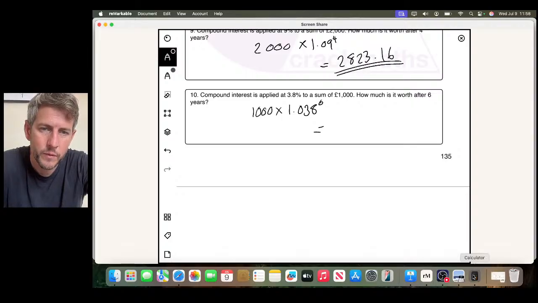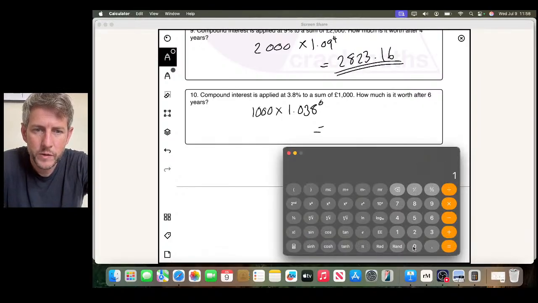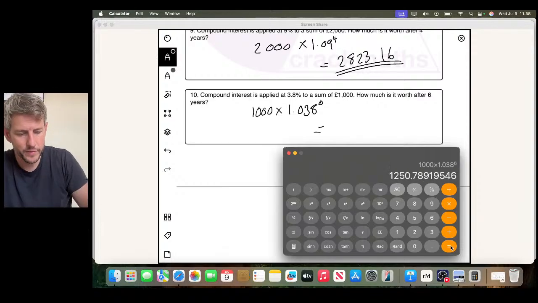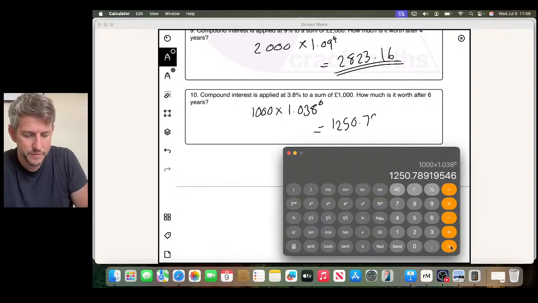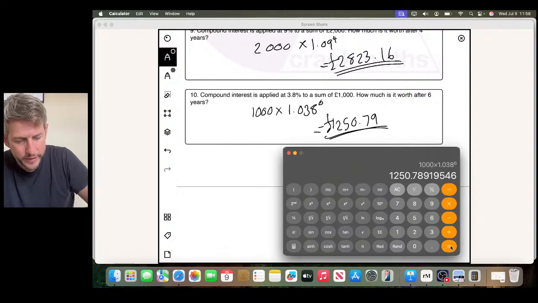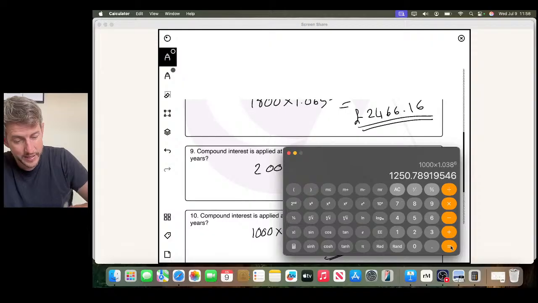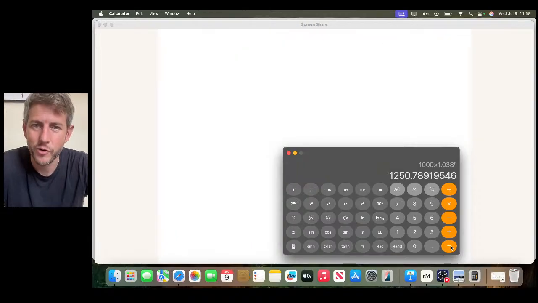And let's work out what this is. 1,000 times 1.038 to the power of 6, and this is going to be 1,250.79. I should have actually put the pound sign in each of these because they are pounds, so it's important that we've done that. I did it for the first few and then I dropped it off.